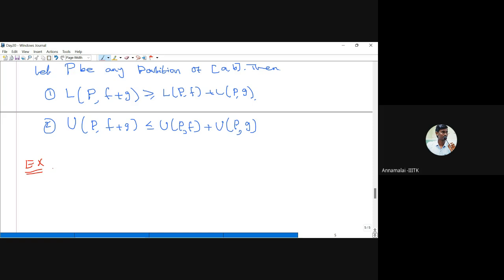Example: compute the lower sum of a function with respect to P and the upper sum.